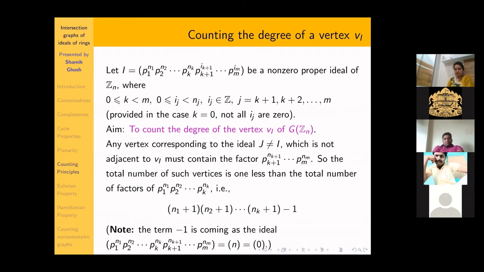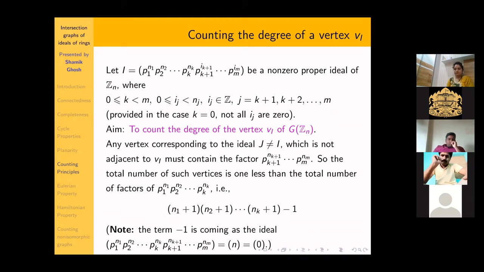Now, how many ideals are adjacent to this particular ideal? Naturally, those whose LCM with this will be n. Those are not adjacent. And the ideal itself is not adjacent to itself, because we are considering the simple graph.